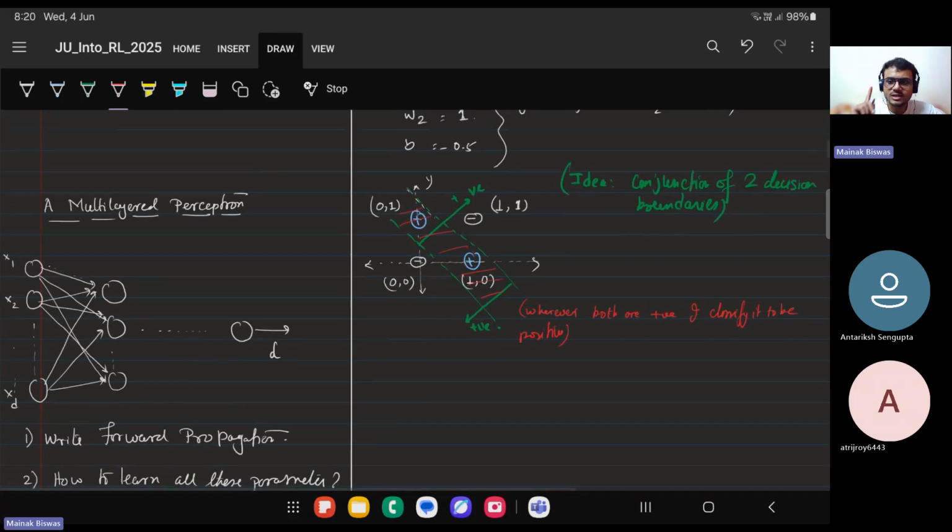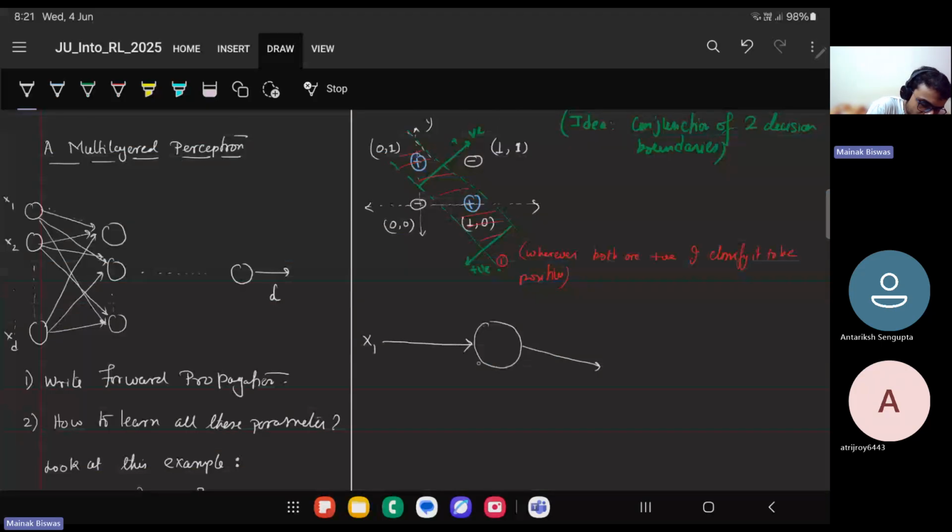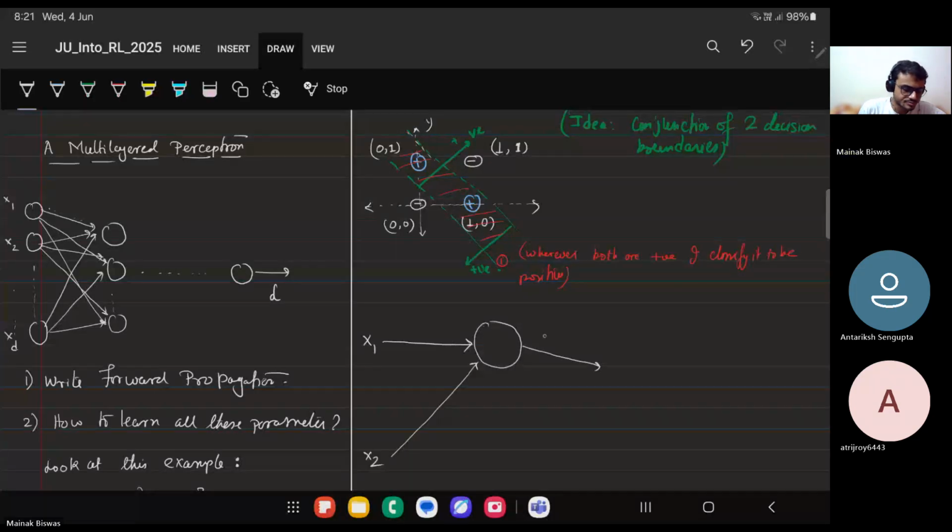So let us first decide one decision boundary. Decision boundary number one, say this one. I will say that this outputs something called Z1. So we'll input X1 and X2, and we will output Z1.